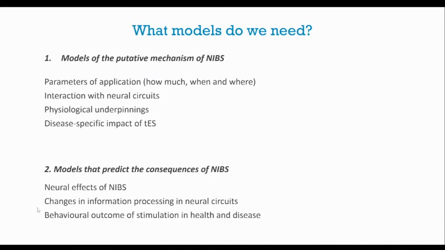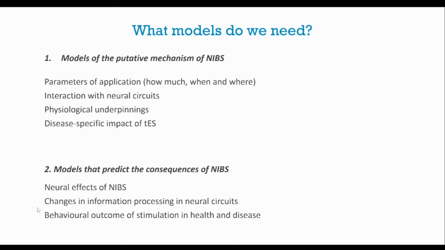There are lots of models we could use, and I'm going to talk a bit about that and generally advocate that models have an important role to play. Perhaps there are two key families of models that we'd ideally like to look at. In the first instance, it's models that tell us something about the putative mechanism of non-invasive brain stimulation.